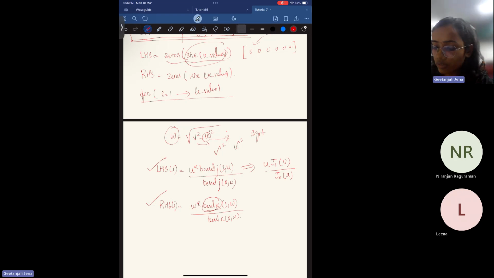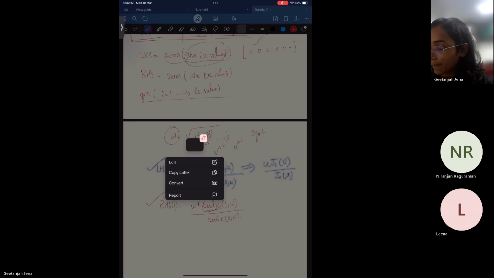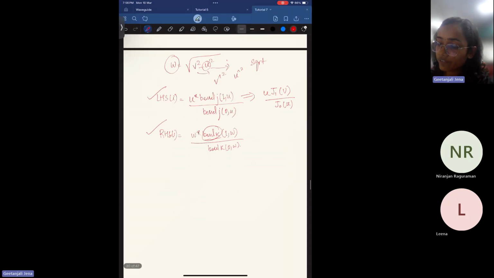After that, you have all the values of LHS and RHS at different points. Now you can use the find function to find at which u value the LHS and RHS intersect with each other.